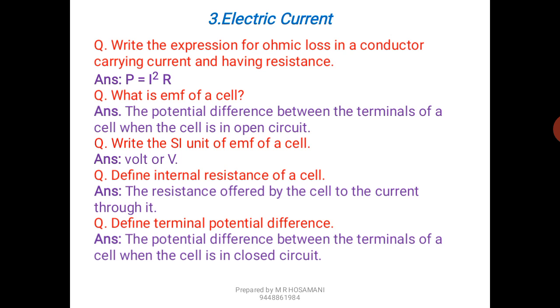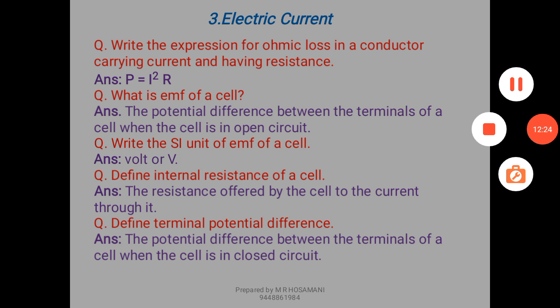If you are applying a load to the cell, then the potential difference gives the terminal potential. When the cell is not in use, if you measure the potential difference between the terminals of the cell, that is the EMF of the cell. Clear? Both are measured in volts. Remember, the unit of terminal potential is also volt, and the unit of EMF is also volt. EMF means electromotive force.